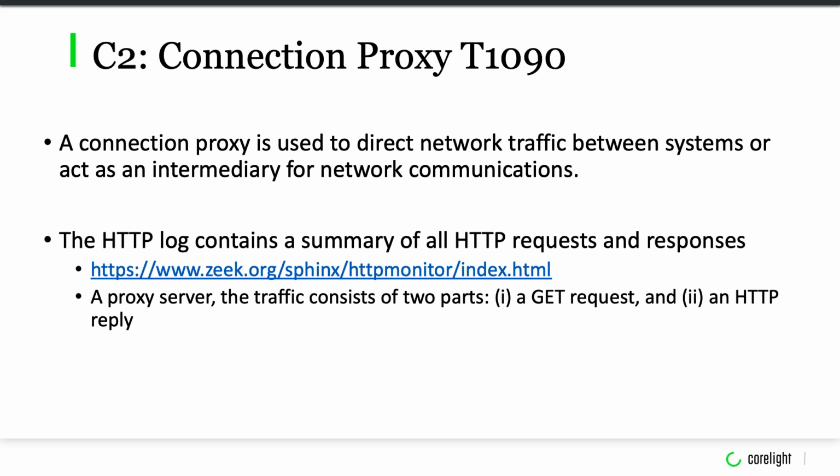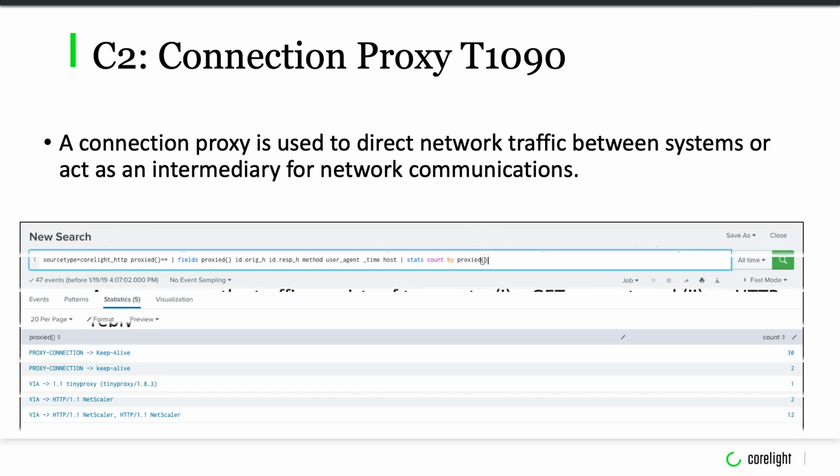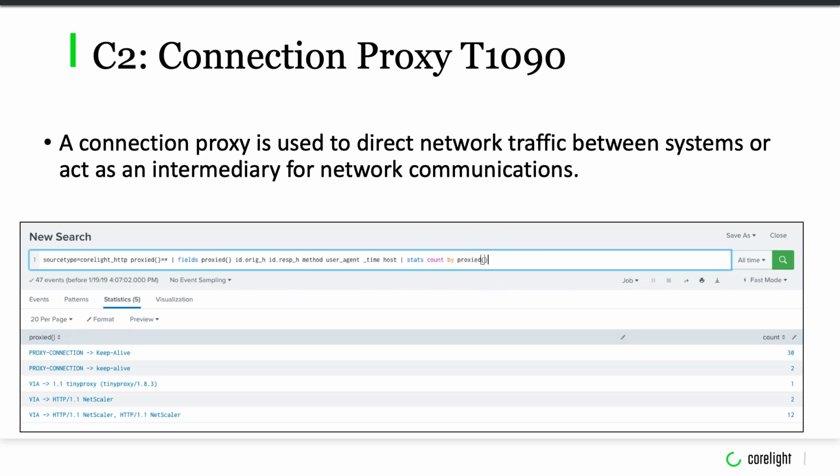But in this case, we're interested in detecting proxies. There's a great write-up on the Zeek.org site about monitoring HTTP, specifically related to proxies. But I wanted to show another query. In this case, we're looking at our HTTP log, and we're looking in the proxied field to see if there's any value. Then I want to count and see how many times I have seen this.